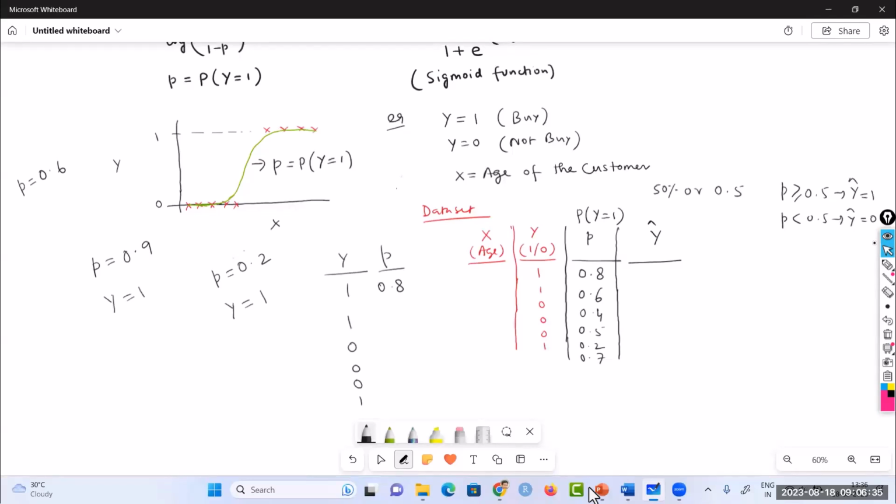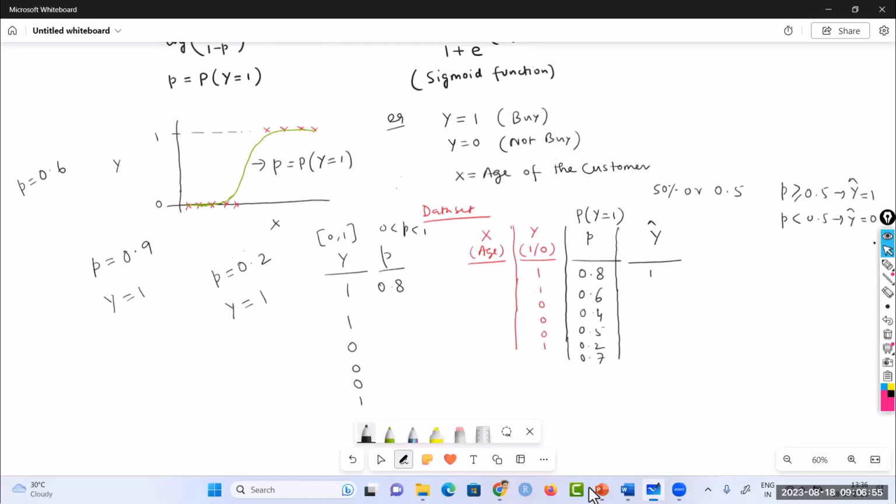Y is specifically 0 or 1, but here I have a range from 0 to 1. So I'll not do that.